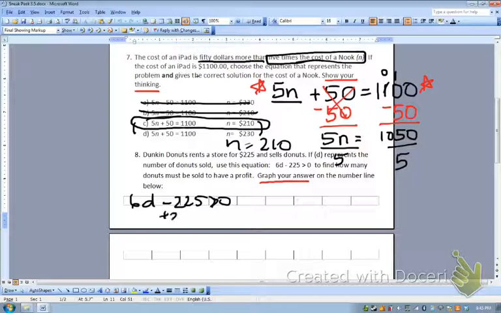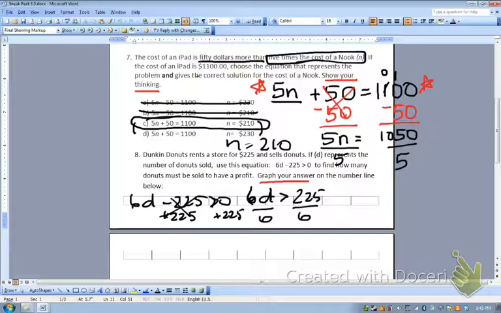So right away, I'm going to add 225 to both sides. It's going to cancel here, and I'm going to get 6D is greater than 225. All right, now I'm going to divide by 6.